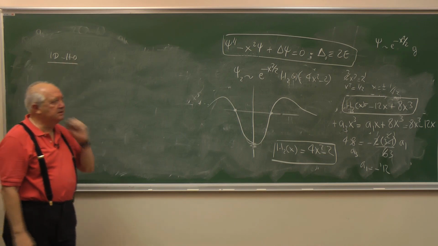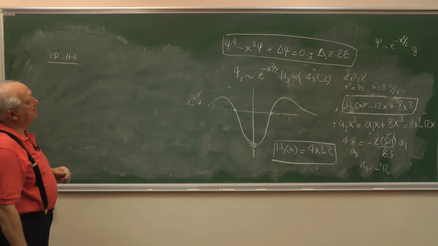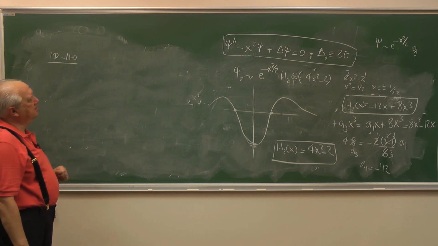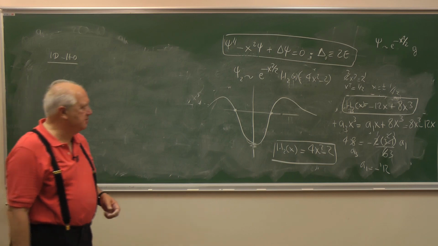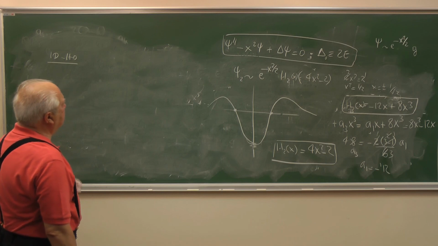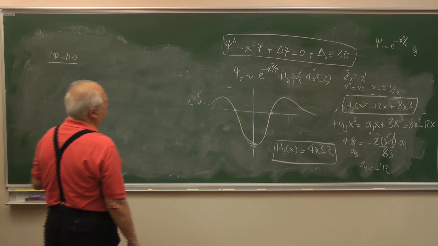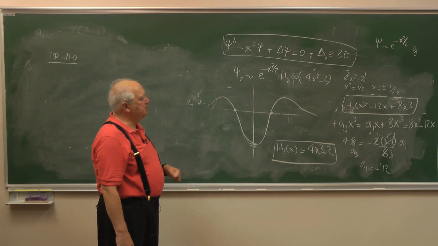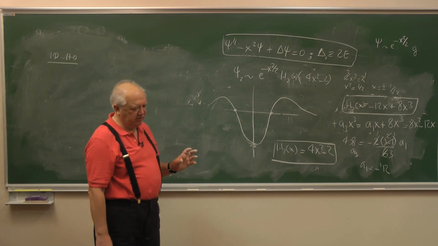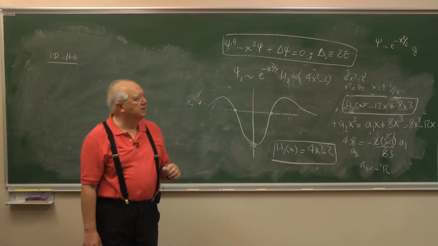To summarize until now, we estimated the size and the energy by the uncertainty principle, which gives a rough estimate. Then we tried to solve the Schrodinger equation for the harmonic oscillator. But before that, we solved a simpler problem of the infinite square well.